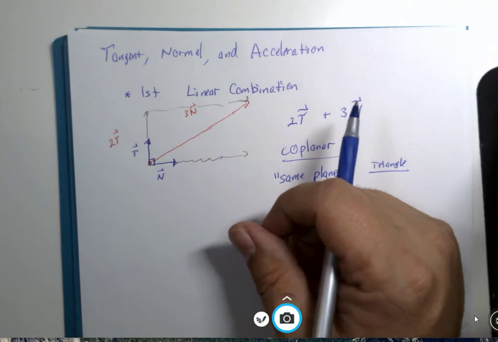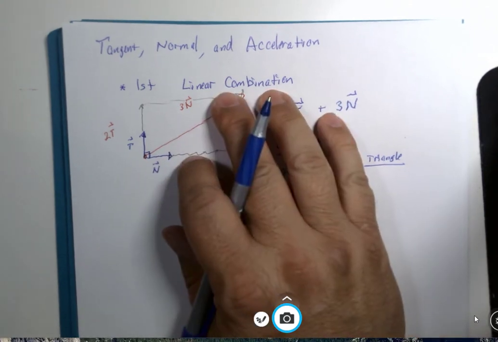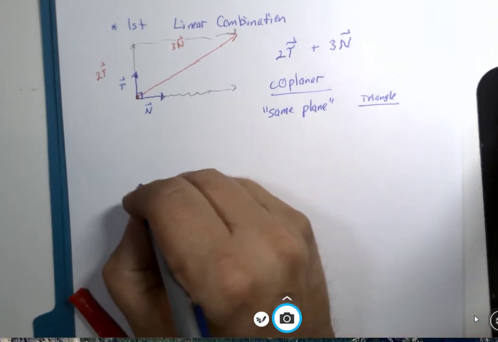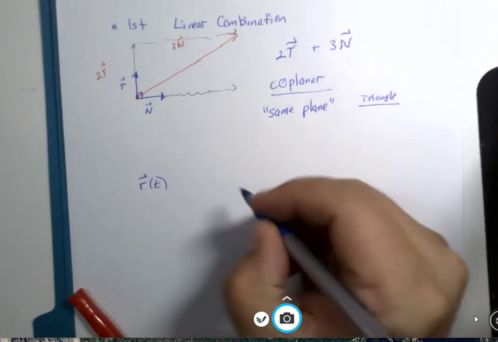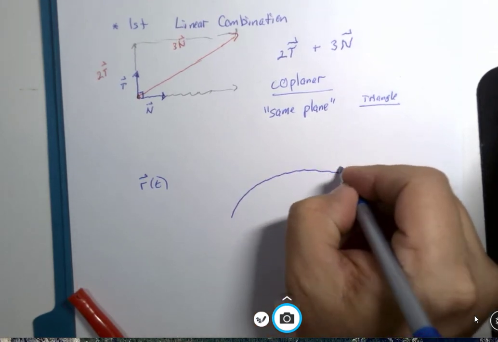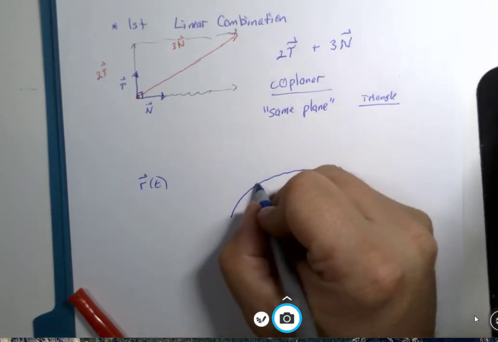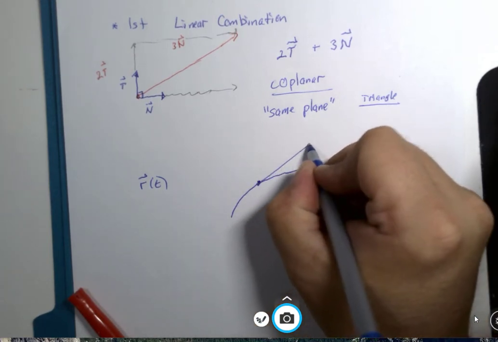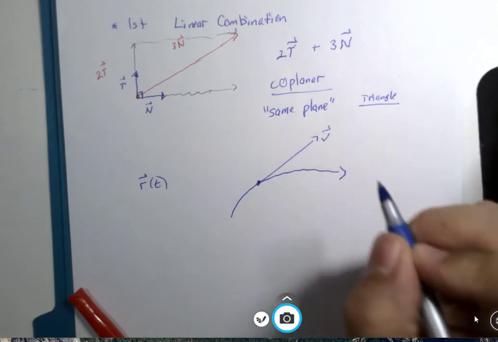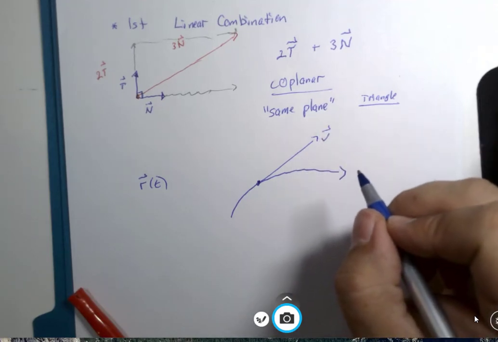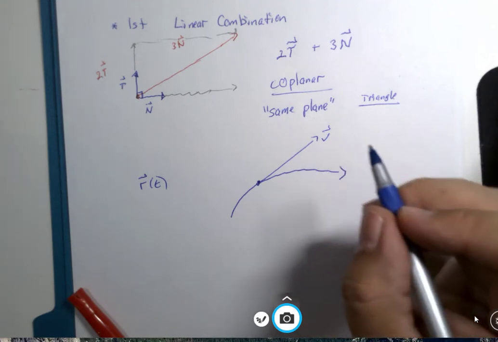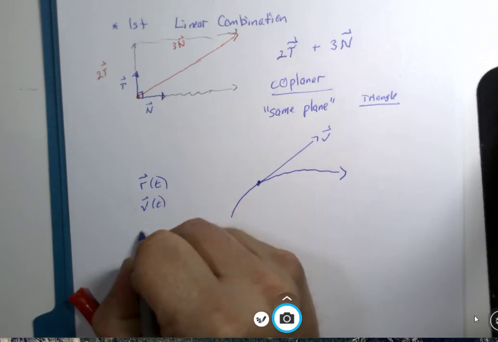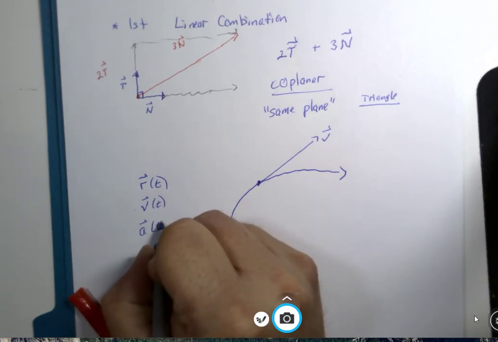Now, let me show you what I'm going to try to prove with this. All right. So if we have a curve, r of t, and at a point on the curve we were to have the velocity vector at that point, and that's the first derivative, correct? And I was also to draw acceleration.